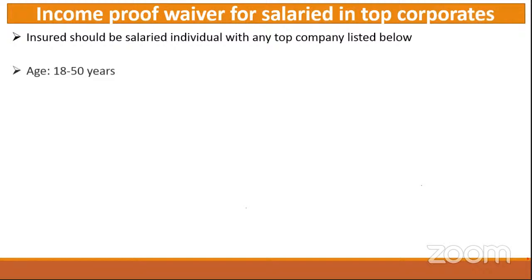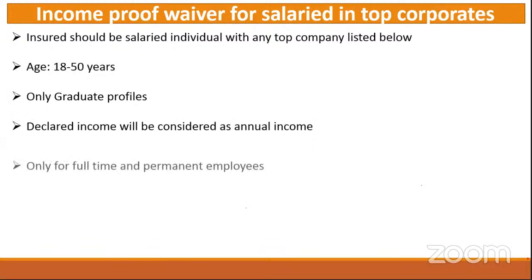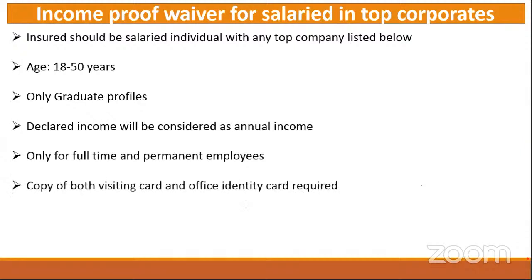There is also some income proof waiver. Income proof waiver means the customer doesn't have to show their income documents to insurance companies. But again, that is different for different companies, and it's better not to advise that income documents will be waived off.